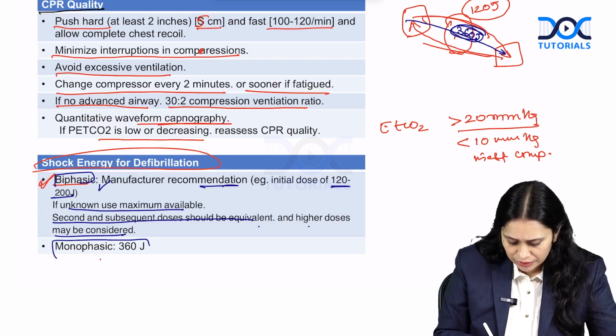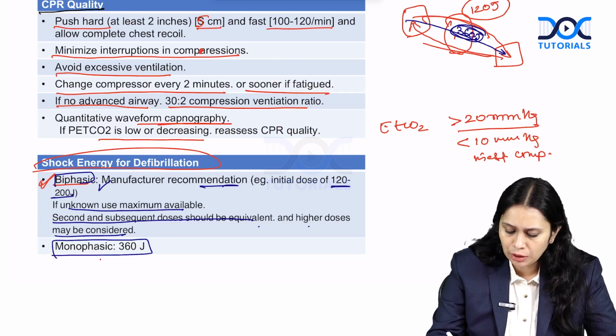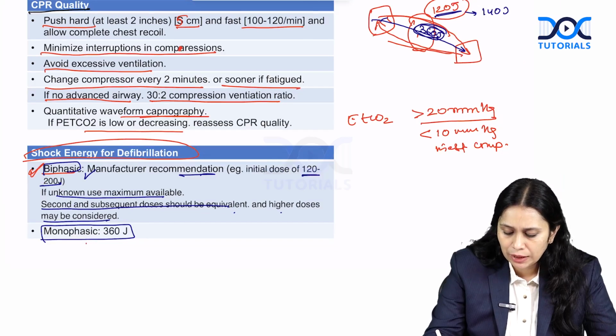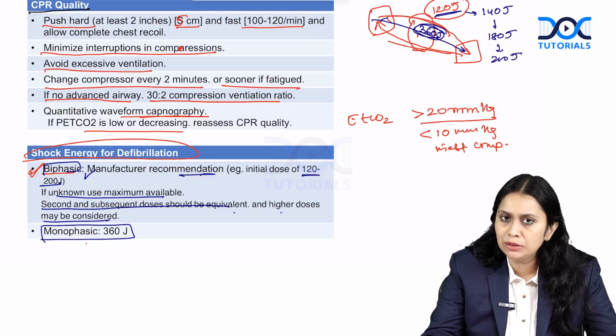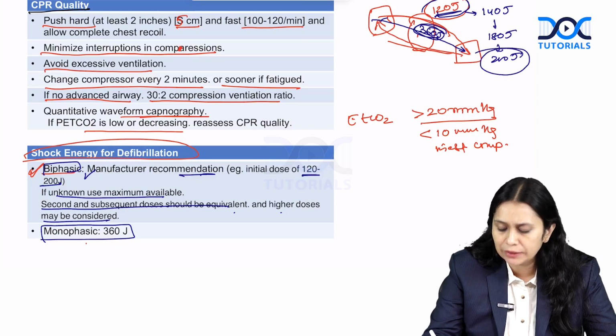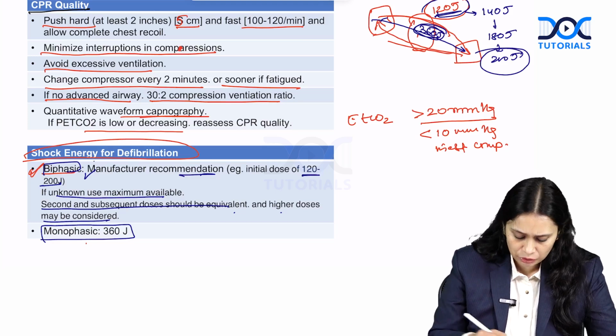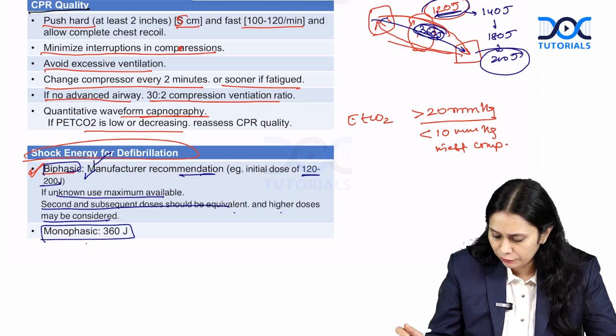For monophasic, we start with 360 joules. Biphasic, we start with 120 joules. We can go on increasing, let's say to 200 joules. And if I don't know the manufacturer recommendation, I would go for the highest possible energy delivered by that defibrillator. So this is about the shock for defibrillation.